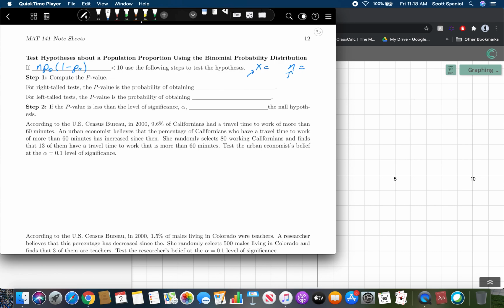So for right-tailed tests, the p-value is the probability of obtaining x greater than or equal to p naught. And for left-tailed tests, the p-value is the probability that x is less than or equal to p naught. If the p-value is less than the level of significance alpha, we reject the null hypothesis just like all the other ones we've done before.